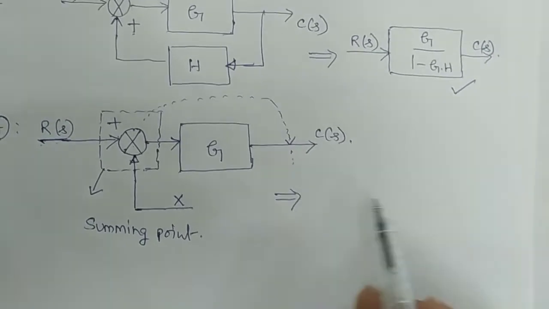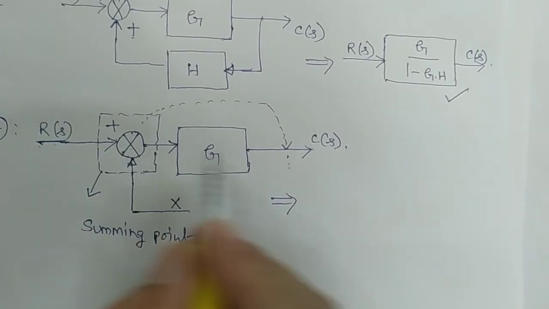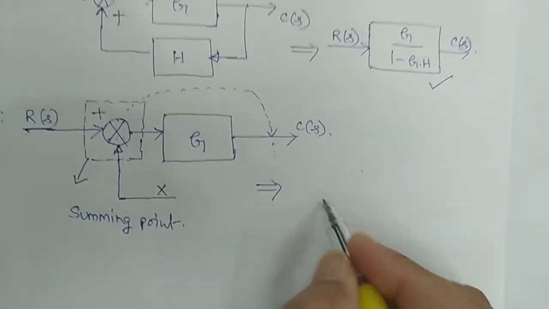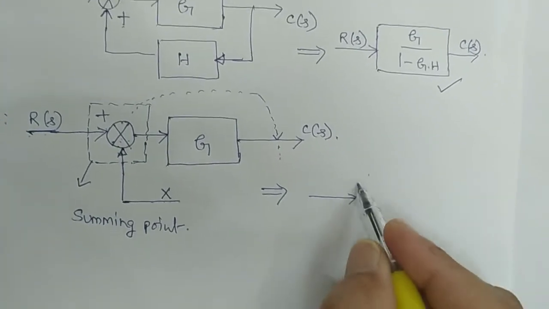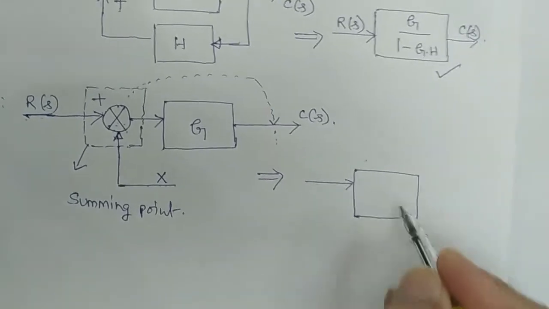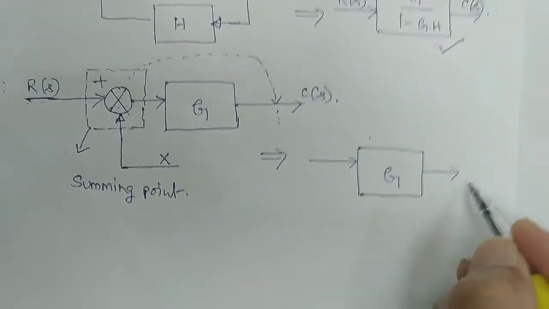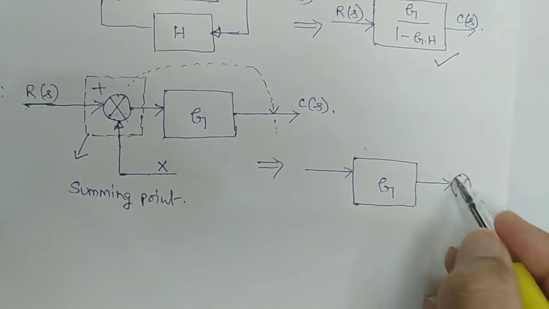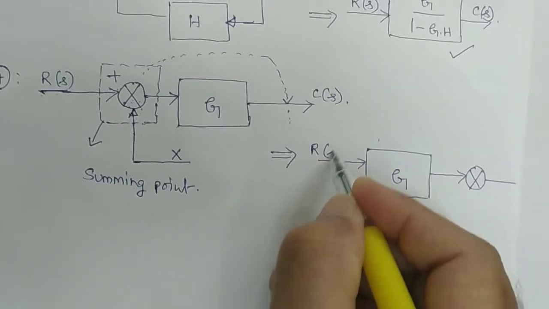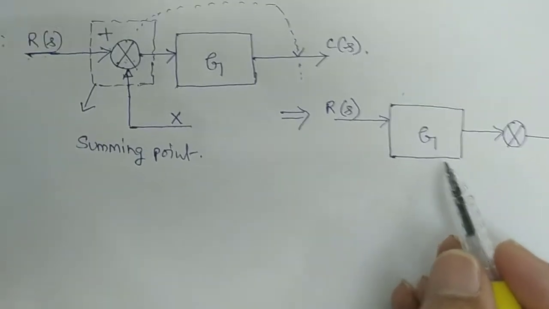In the equivalent there should not be a summing point before the block. You should represent it after G only, like this. So here the gain will be there, and you must show your summing point here. Your R of S will be here only, and G will be here only.